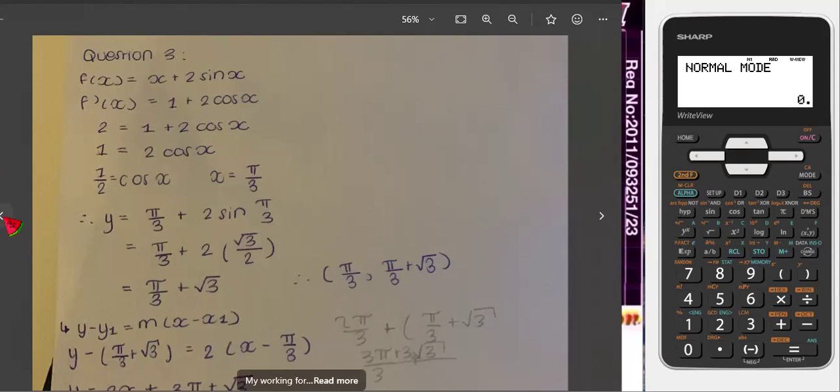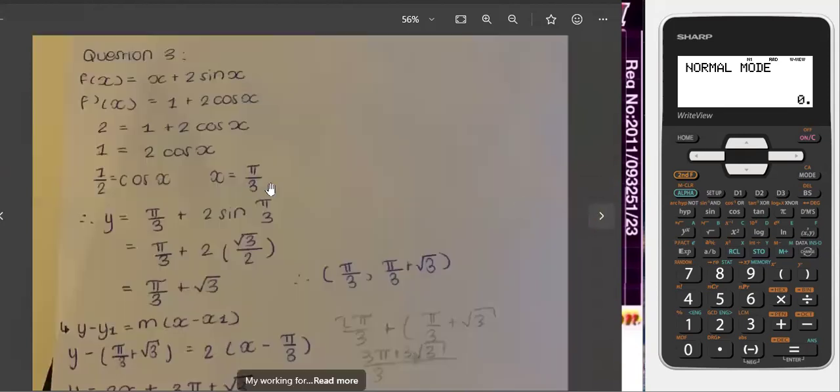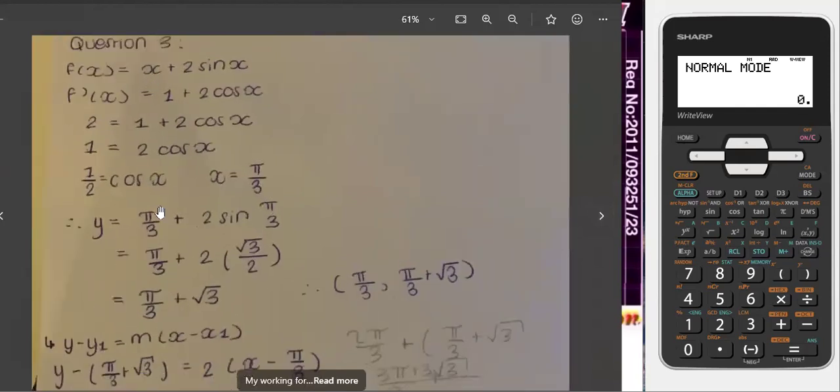All right, so was that x? That was restricted. Yeah, x must be between 0 and pi. Yeah. So it is because it's a third. Yeah, so this one is correct. So now we need to put pi over 3 plus 2 sine pi over 3. Okay, if I double the 3, it was 60, which means sine 60 degrees, this thing.